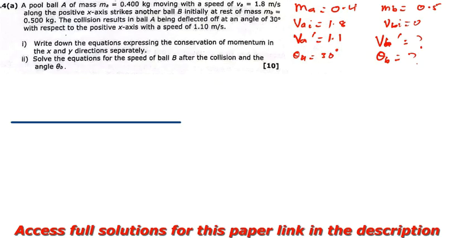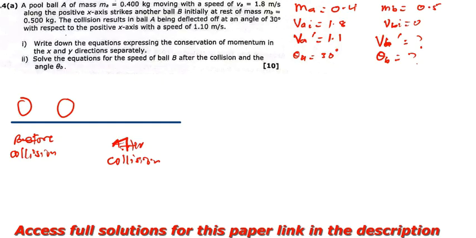We have two balls, ball A and ball B. That is before collision. After collision, this is what is going to happen.